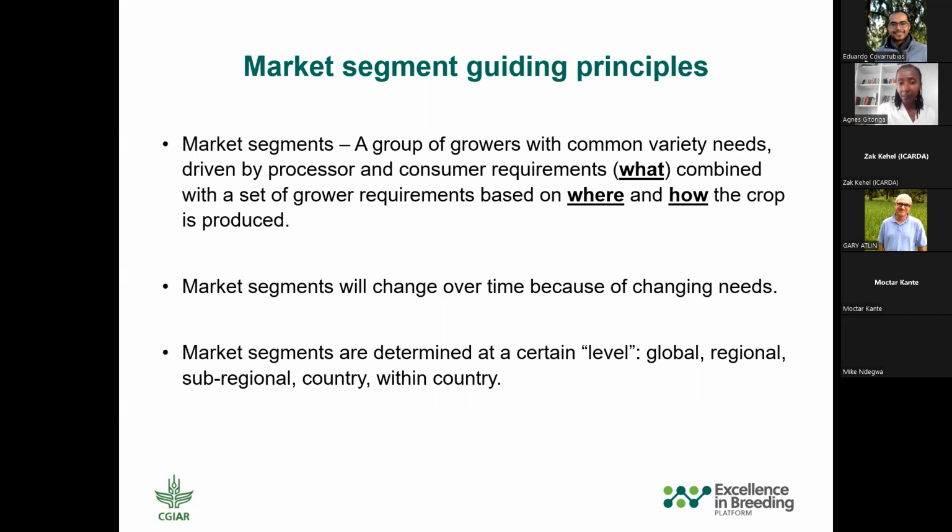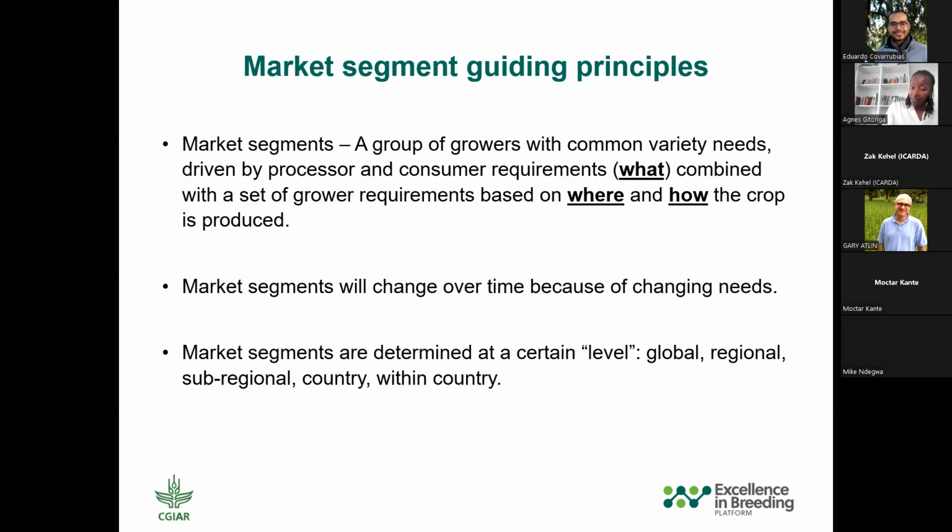When we are scoping the market segment, we put in the current needs and also the future needs. For the pipeline investment cases, it is important to have a balance between the current and future needs.